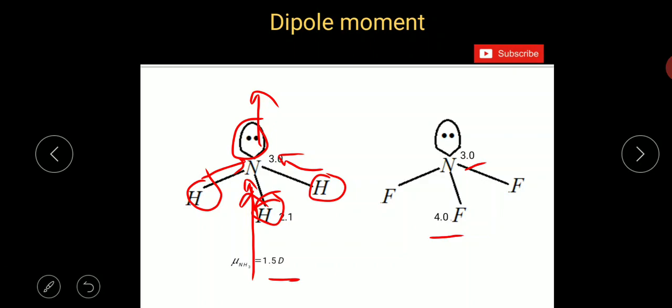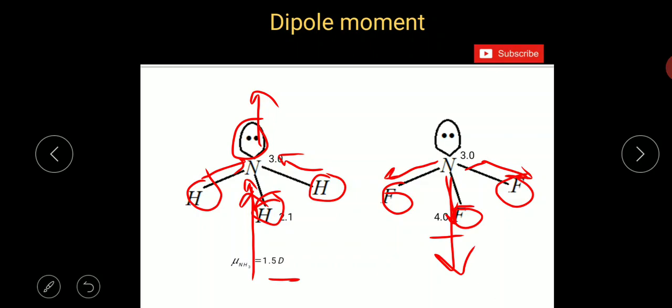Even then, here fluorine electronegativity is more than nitrogen electronegativity, so the direction of the dipole moments of these three bonds is away from nitrogen. The resultant dipole moment of the three bonds will be in the downward direction, away from the nitrogen.